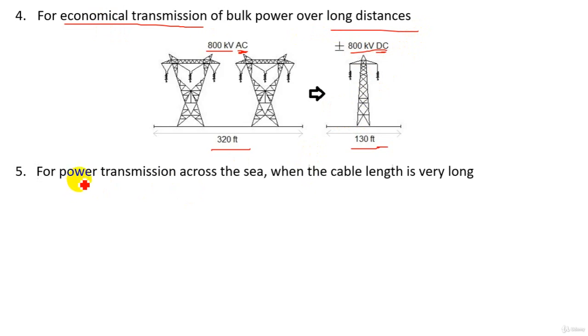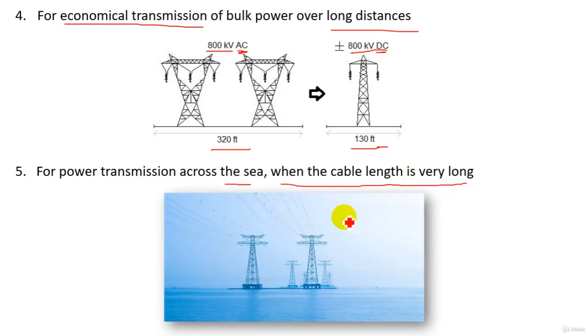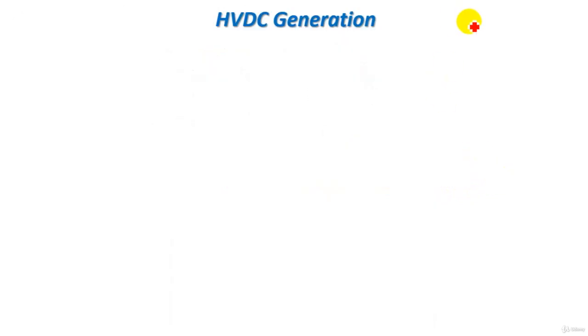Also, another advantage is power transmission across the sea when the cable length is very long, like that, for long distances. So these are the advantages of using high voltage DC transmission over high voltage AC transmission.